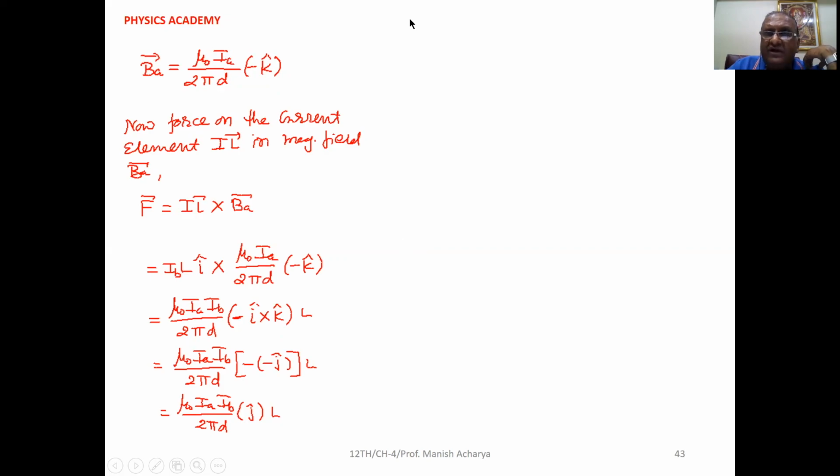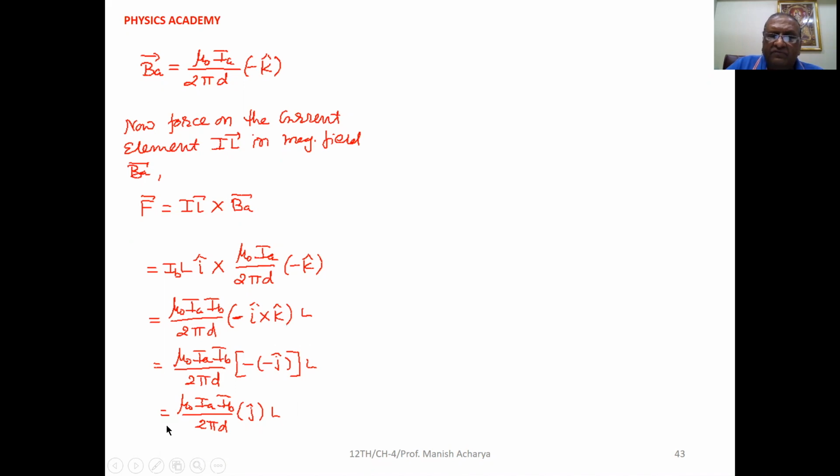Clear up to this one? So we can write now mu 0 IA IB upon 2 pi D into minus I cross K. But I cross K, that is minus J. So we can write mu 0 IA IB upon 2 pi D into bracket minus minus J cap L as it is.